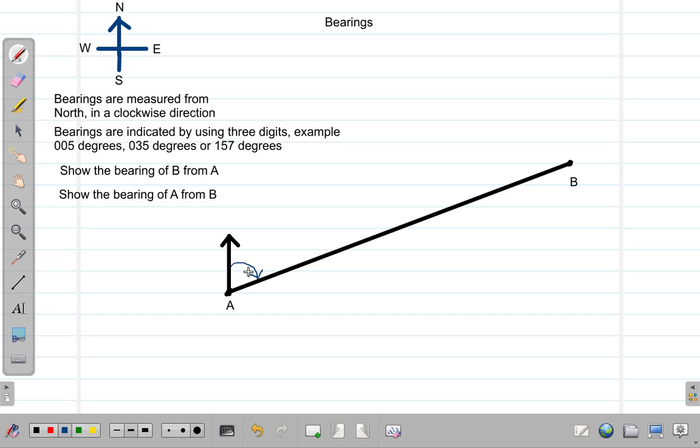So this will probably be 005 degrees, or 050. It looks more like about 50 degrees. Am I right? It would be more like 050 degrees, because you write your angles using 3 digits. So if it was 50 degrees, you write 050. All right.